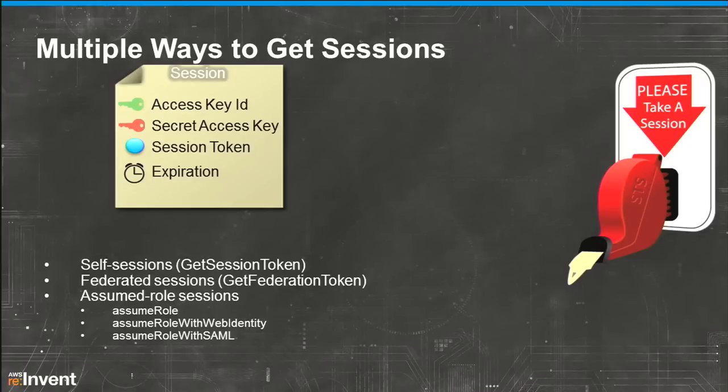This is the API you would use if you want to build up a federated scenario. We also have a number of assumed role sessions. These are where you create an IAM role and then you call one of the assume role APIs, we have 3 of them today, to assume that role to generate the credentials. Now since this session is about delegating access, I'm going to focus on the APIs that are in the white box.